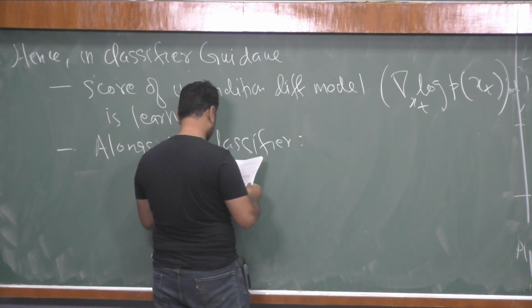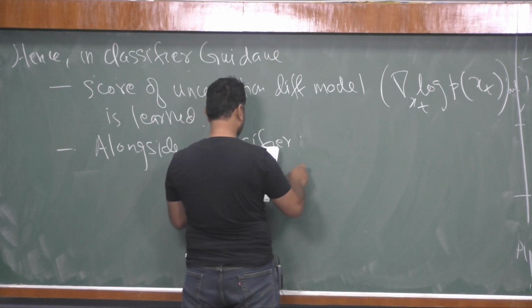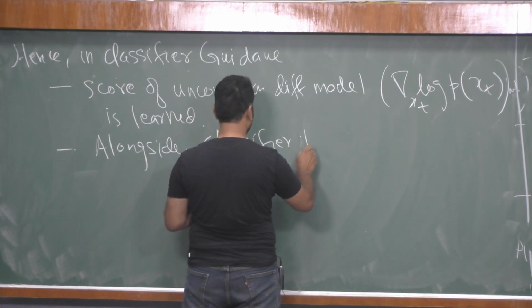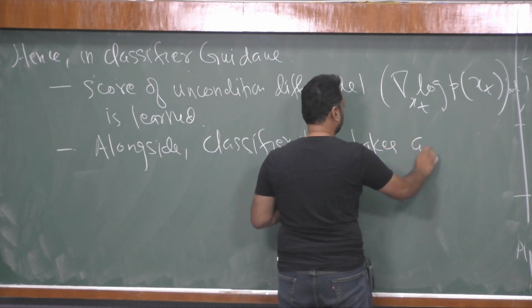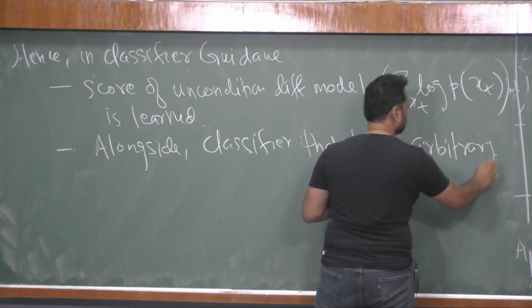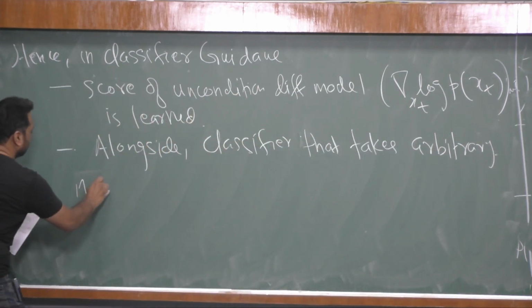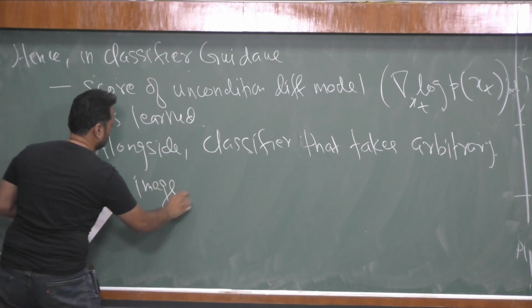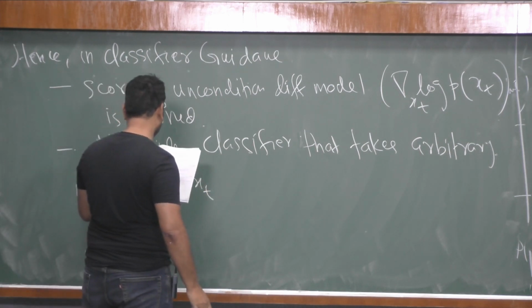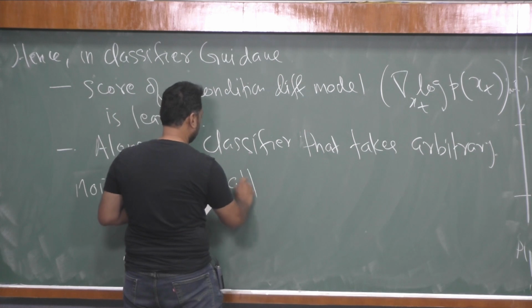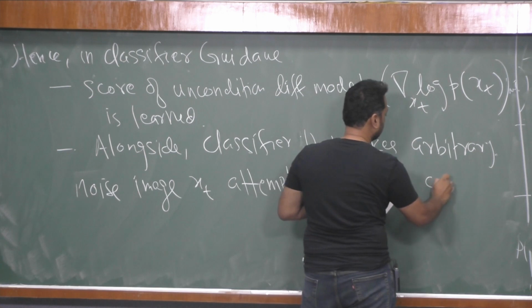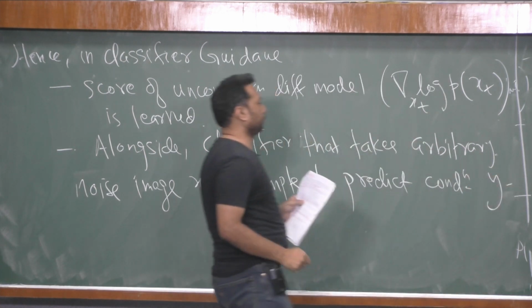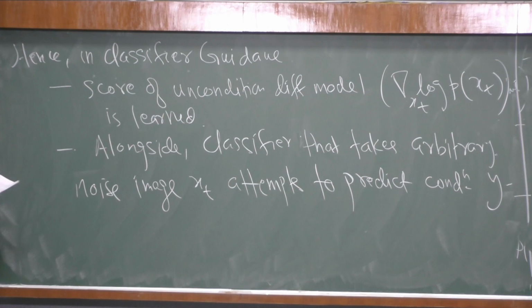I can state that. What the classifier is supposed to do is that it takes an arbitrary noisy image xt and attempts to predict the condition y, okay, and this is the problematic part in the classifier guidance.